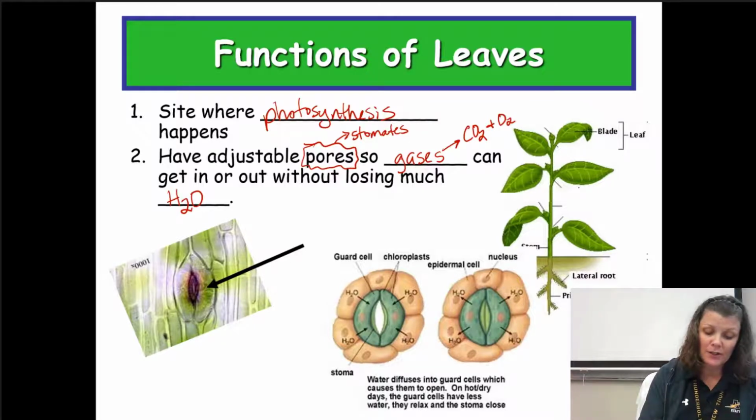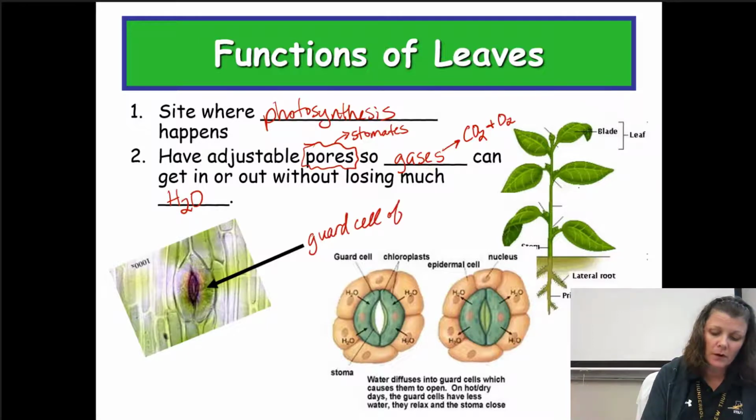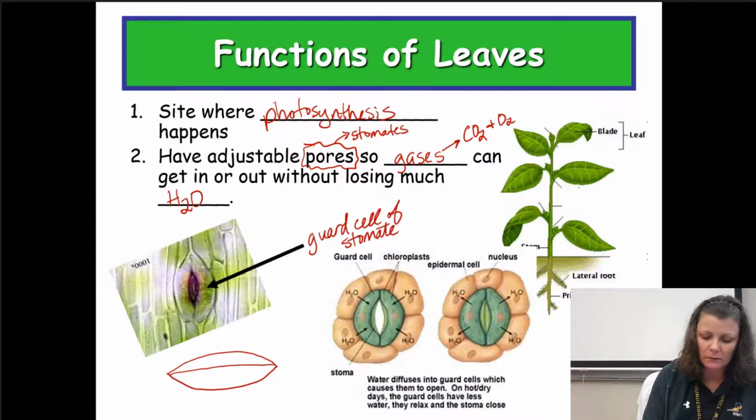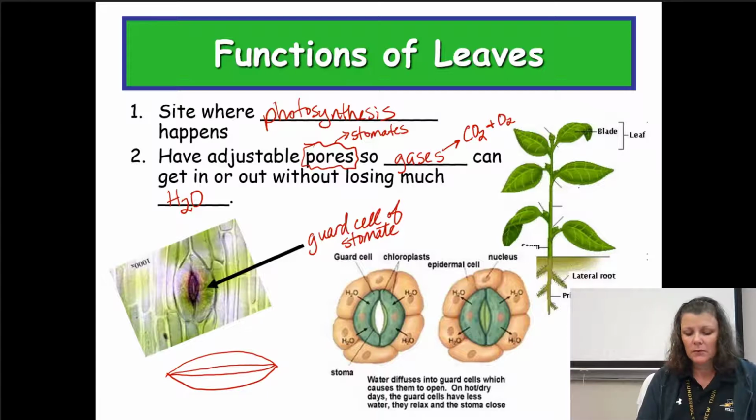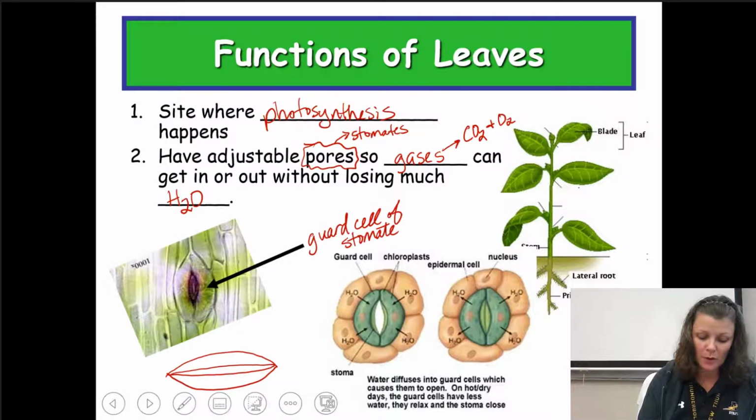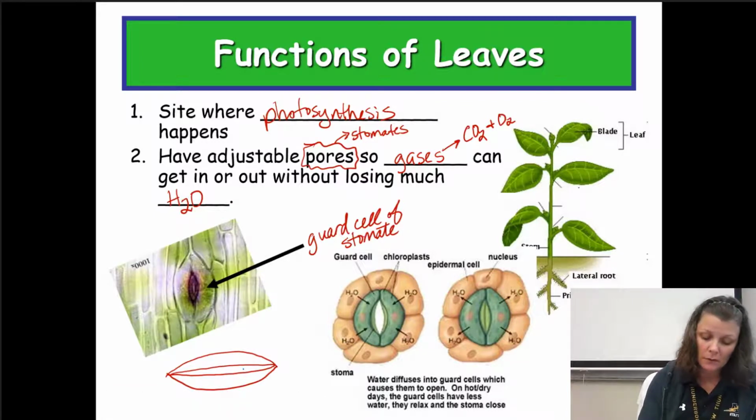So this right here is pointing to a guard cell of a stomate. And if we were to draw our own stomate, it kind of looks like a set of lips, doesn't it? And once you have your stomate drawn, I want you to draw from the opening an arrow that goes out, an arrow that goes out, and then an arrow that goes in.